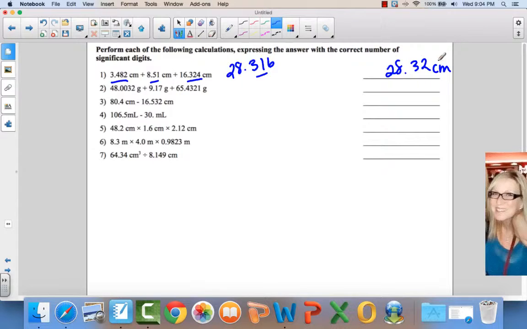Next one, I've got 4 decimal places here, 2 decimal places here, and 4 here. So my answer is going to have 2 decimal places. First thing I'm going to do is the math. 48.0032 plus 9.17 plus 65.4321.